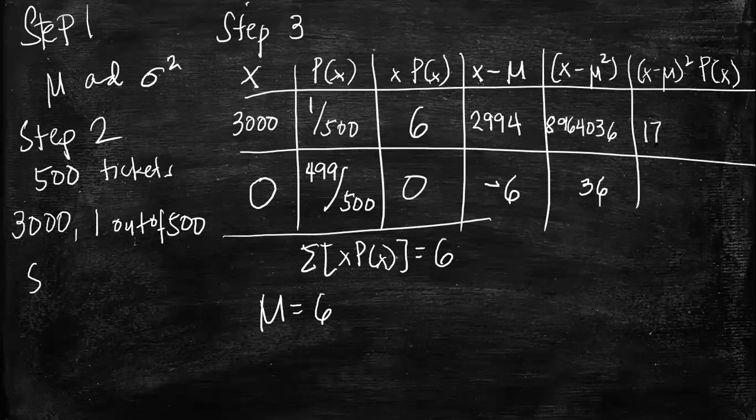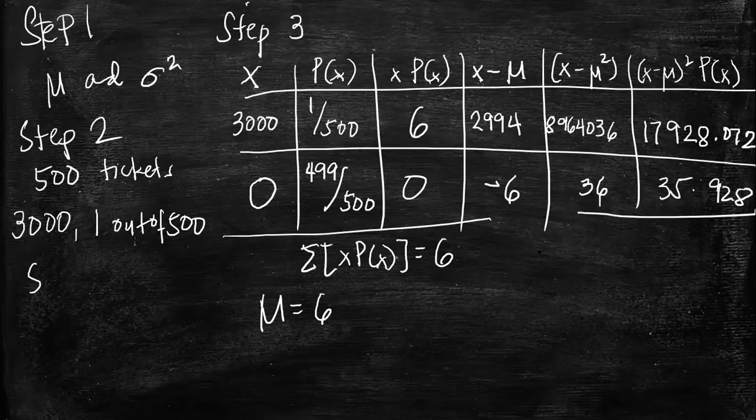So, 17,928.072. 36 times 499 over 500, that is 35.928. Pag-add yung dalawa na yan, that would be the summation of x minus mu squared times p of x.